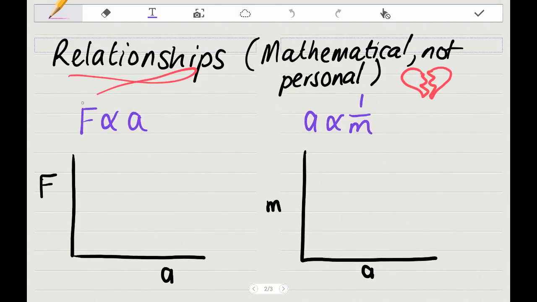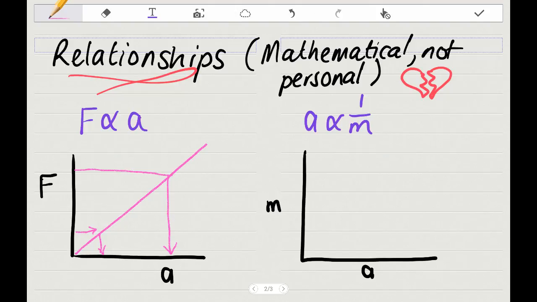That means as one factor increases, so does the other. And if you decrease one factor, the other one does decrease too. This is represented by a straight line where low values of F are associated with low values of A, and high values of F are associated with high values of A. So this is a directly proportional relationship that they define.